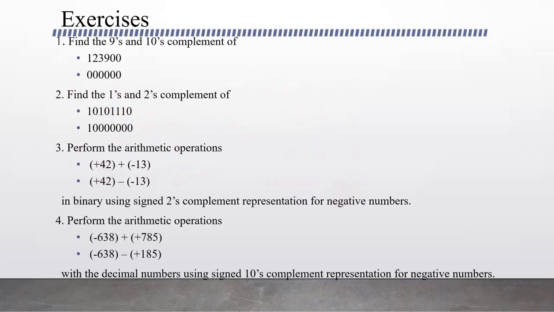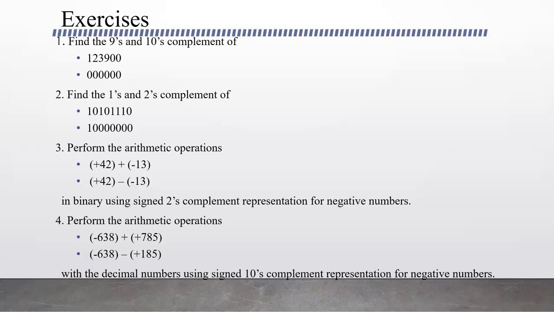Here are a few exercises to do based on the topic we have discussed today. Find the 9's and 10's complement of the given numbers. Here the second number has 6 zeros. It's not a binary number. You have to find the 9's and 10's complement. And the second question is: find the 1's and 2's complement of the given binary numbers.